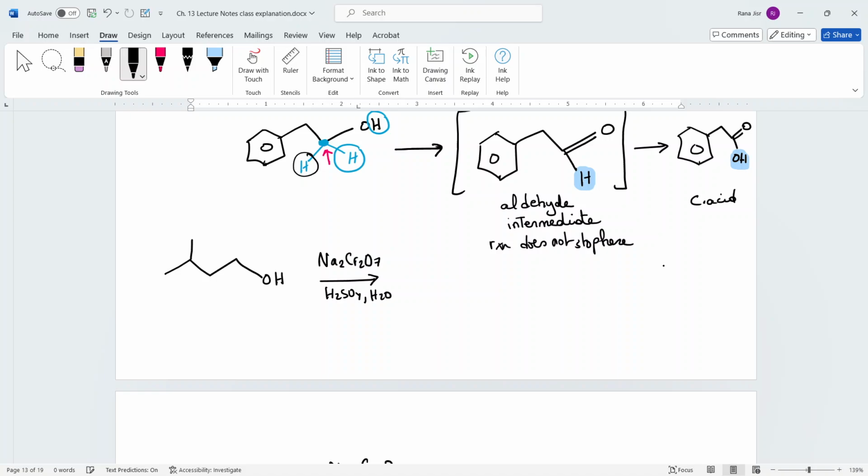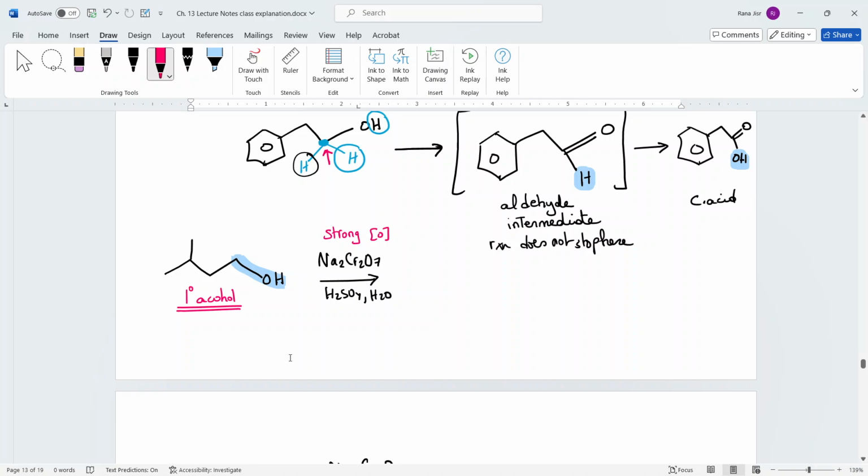Okay, same idea in there. So I'm just going to locate my carbon with the OH. I know that this one is a primary alcohol. It's so important to know the type of alcohol that you are working with, because I know primary alcohols with a strong oxidizing agent.